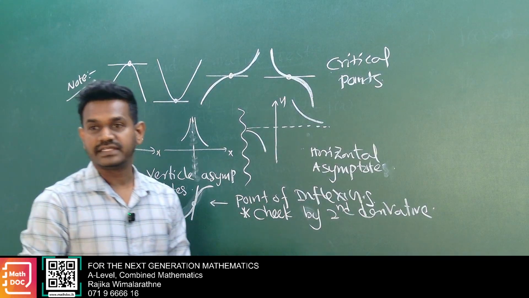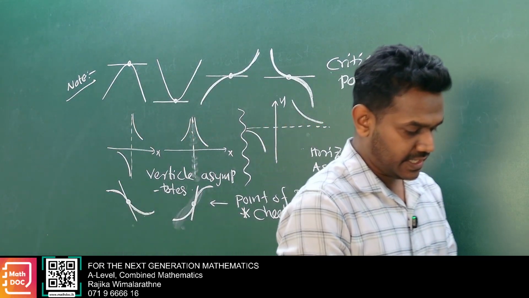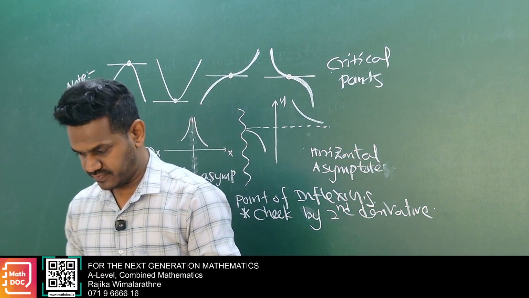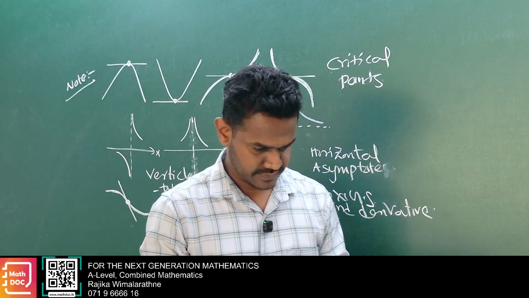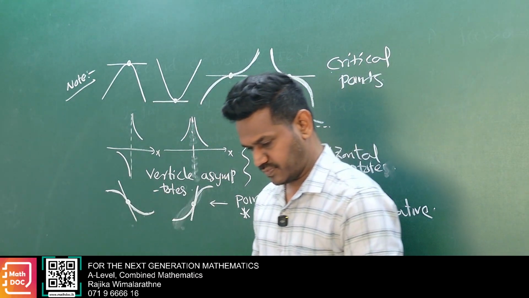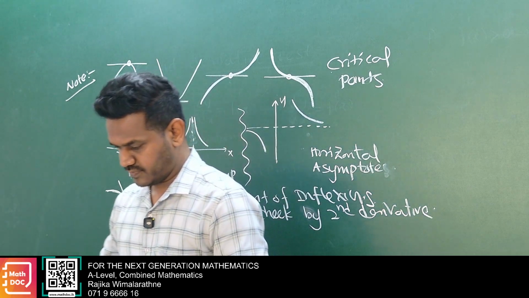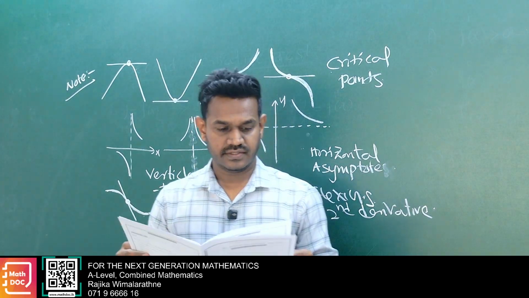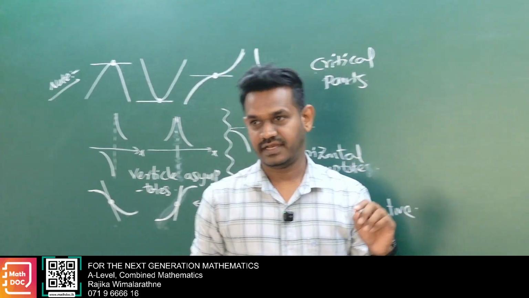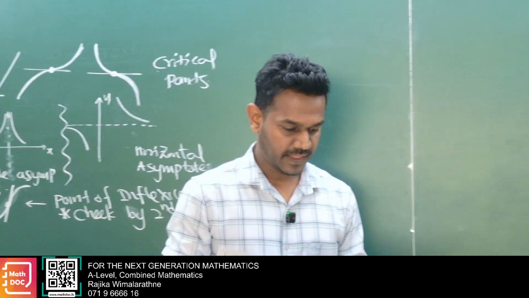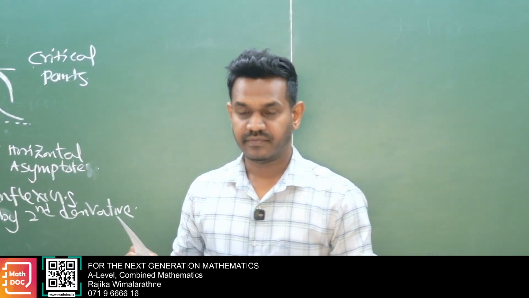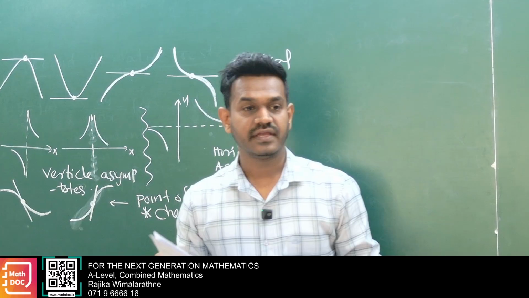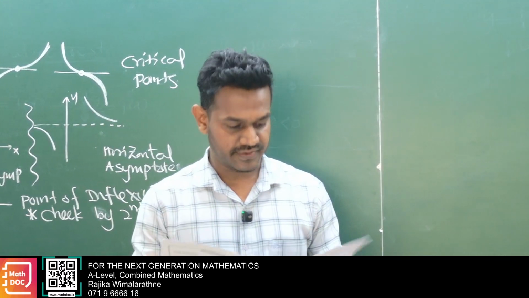Okay, now let's start doing past papers. Take your past paper set. First mark this one: 2003 part B, we have done that before. Just mark it.